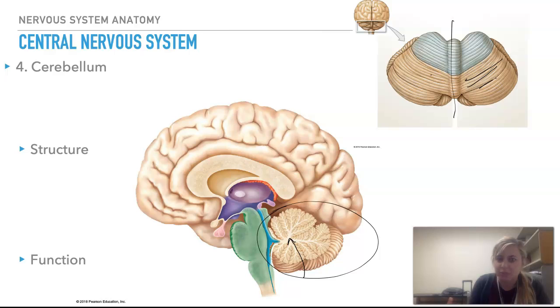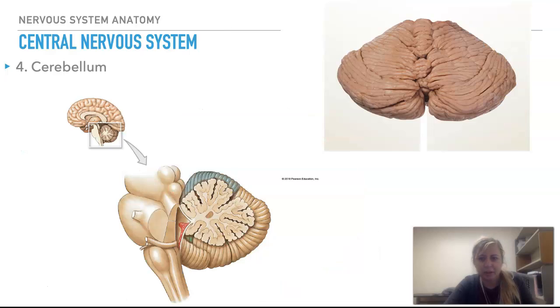Or someone who's had damage to this area of the brain may always look like they're under the influence of something. So that's the cerebellum. And here's a look at a real cerebellum, and another look at that arbor vitae, that tree of life, the white matter in the center here.